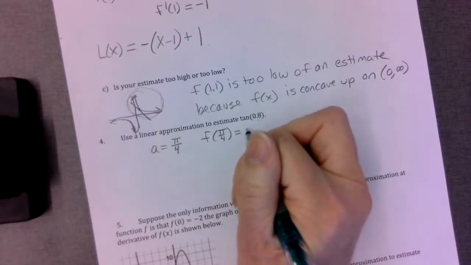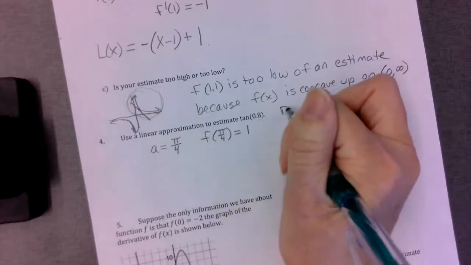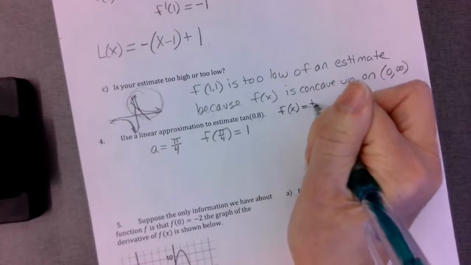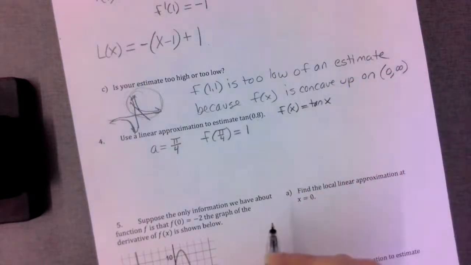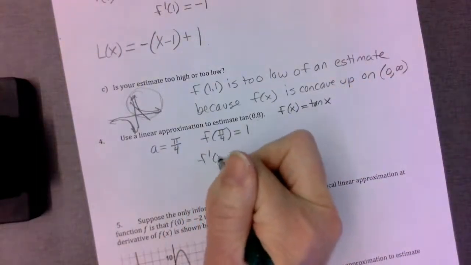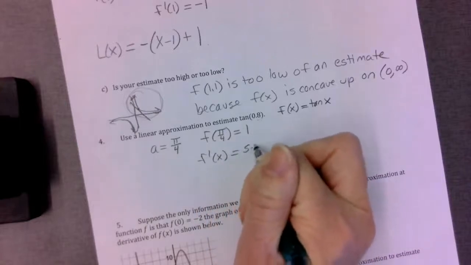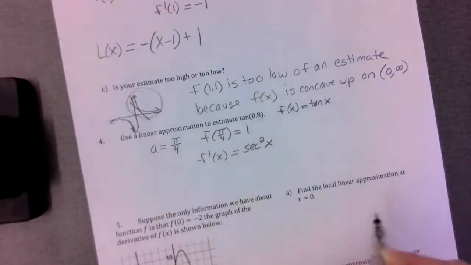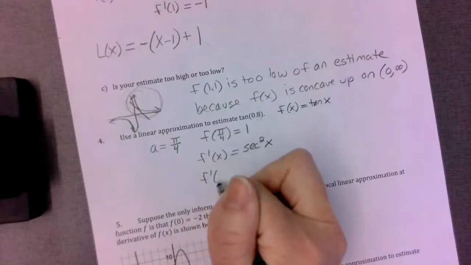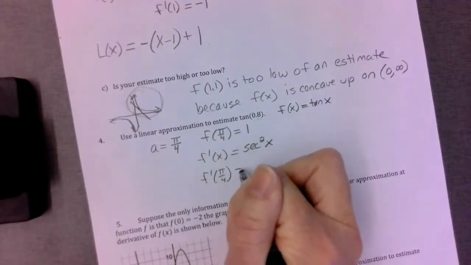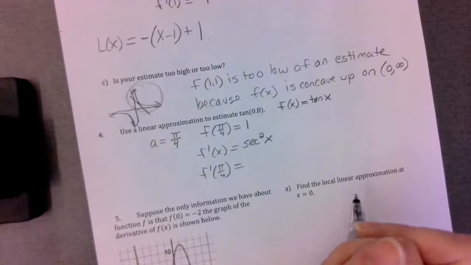That should be tangent of pi over 4, which is a 1, because I'm saying f of x is equal to tangent of x. F prime of x is equal to secant squared of x. At pi over 4, I'm dealing with a 45, 45, 90.